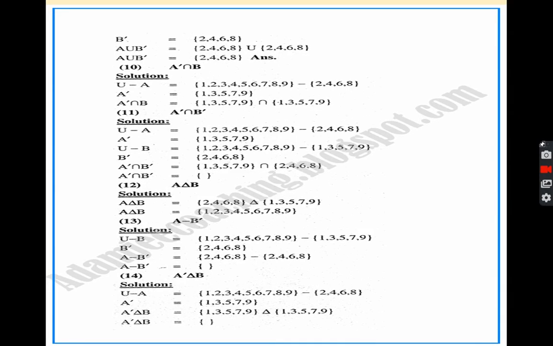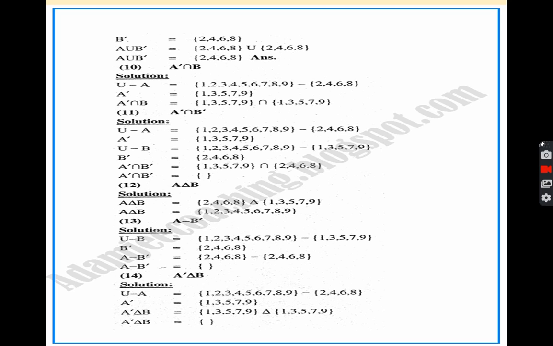Now question number 12, A symmetric difference B. In symmetrical difference, between the two sets, we take the elements which are not common, not coming in the other set. For example, in this question, the value of A is equal to 2, 4, 6, 8, and the value of B is equal to 1, 3, 5, 7, 9.